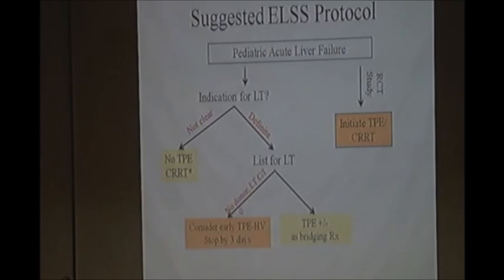However, if there is no donor available, or LT is contraindicated, or there are some logistic issues, I would consider early therapeutic plasma exchange. From the next patient, maybe I would go for high volume plasma exchange, initiate it early, stop by 3 days and observe thereafter. And we need a multicentric trial on pediatric acute liver failure. Only then can we answer whether therapeutic plasma exchange works or not in pediatric acute liver failure.